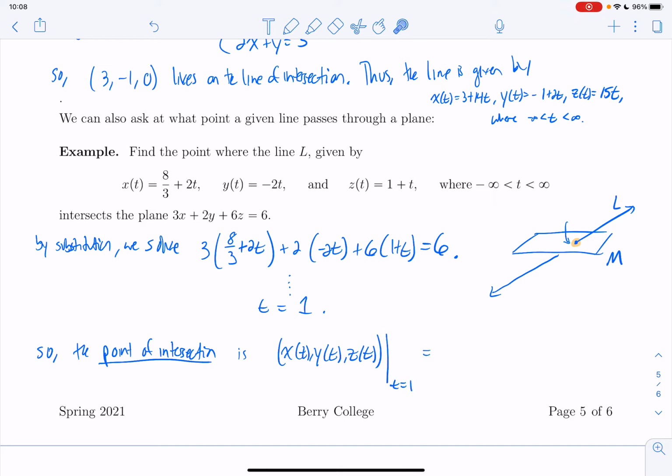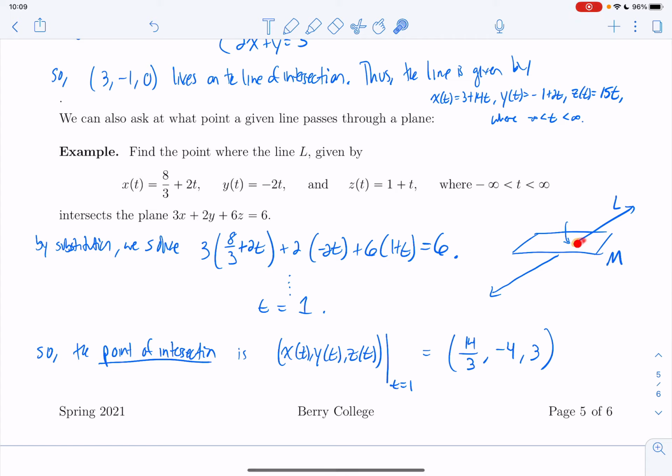And if you plug t equals 1 into these equations, you'll see that you'll end up getting, in this case, the x-coordinate is 8/3 plus 2, so it's going to be 8 plus 6 is 14/3. Then we're going to get negative 4, then we're going to get 3.